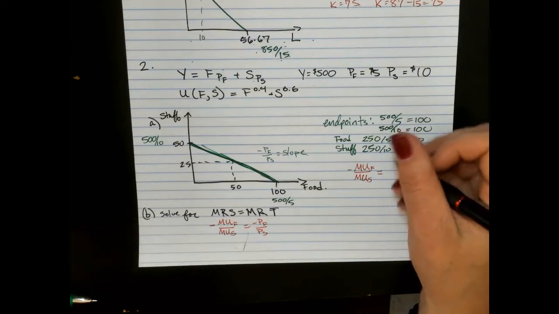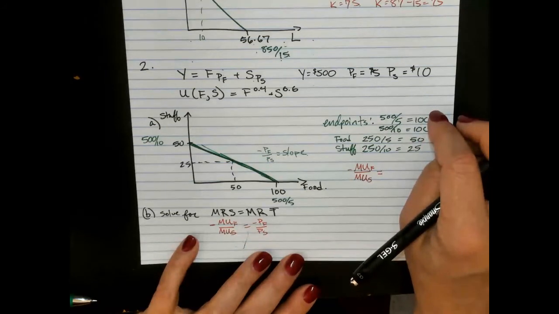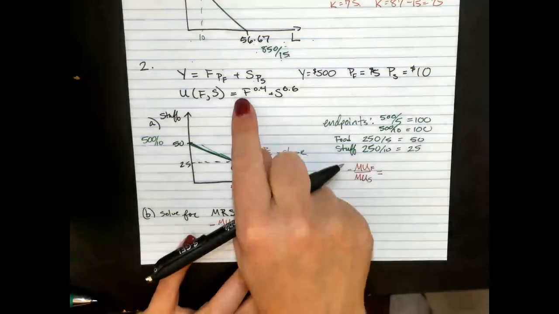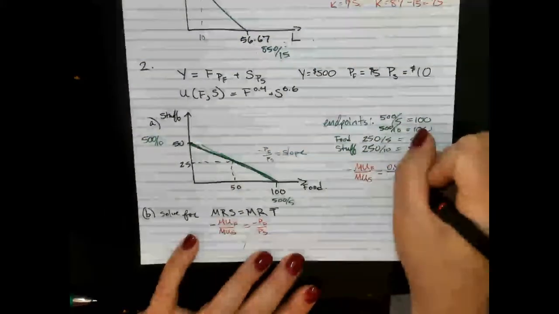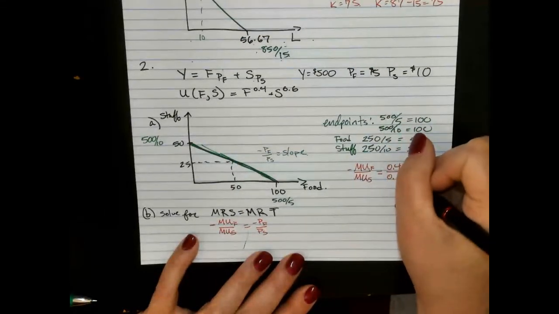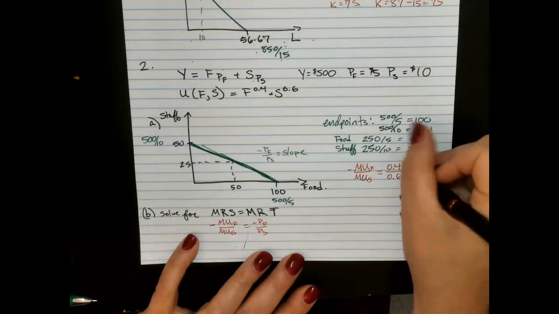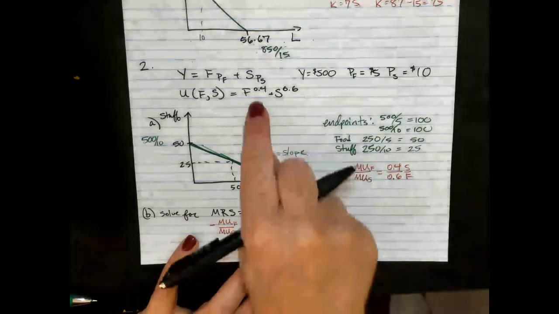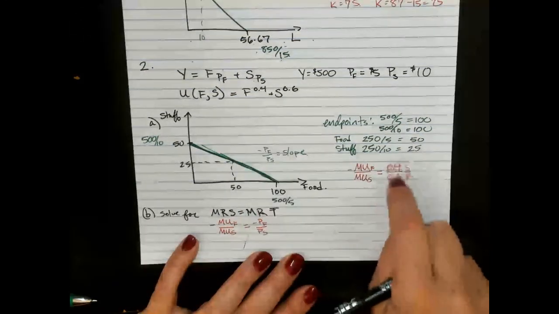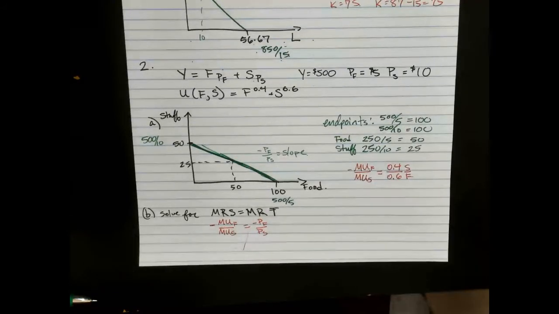We can set it equal to the coefficient for F, which is 0.4, over the coefficient for S, 0.6, times S over F. And that's because of this Cobb-Douglas function, so we can take those 2 exponents and the quantities of those 2, and that'll help us solve this problem.